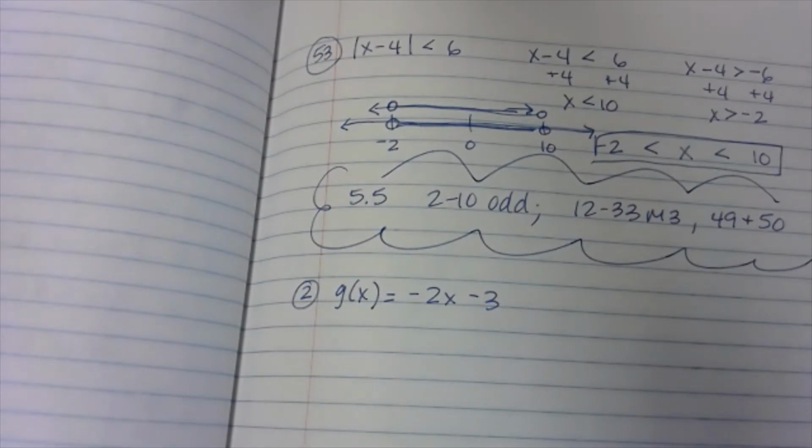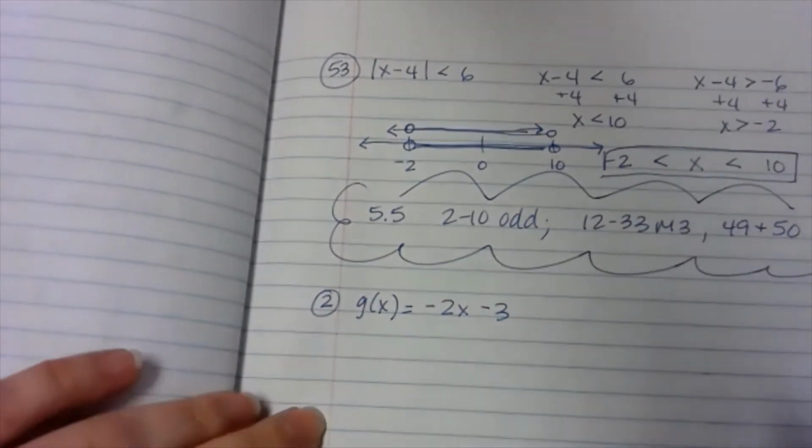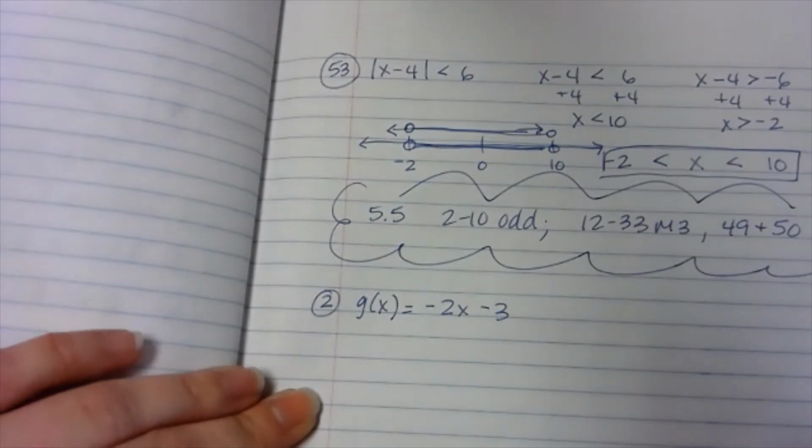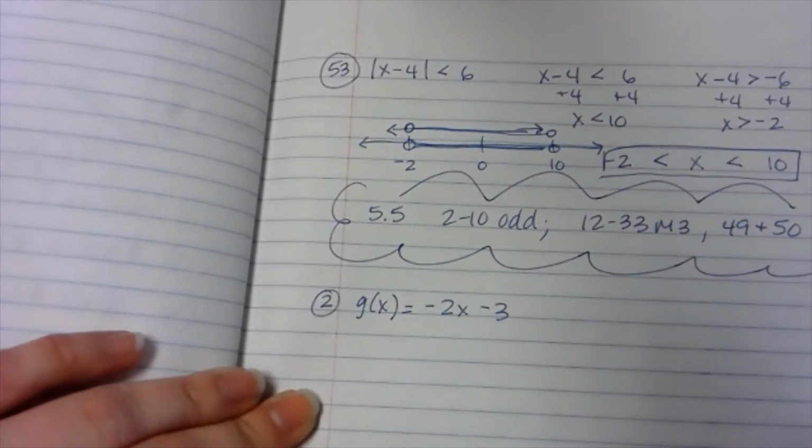Is there a faster way to do this? You just change the numbers out in it? Yeah, that's what I was thinking. Well, we could graph it real quick, but either way. Okay, so make a table and write a set of ordered pairs. Okay, so we don't have to graph it.